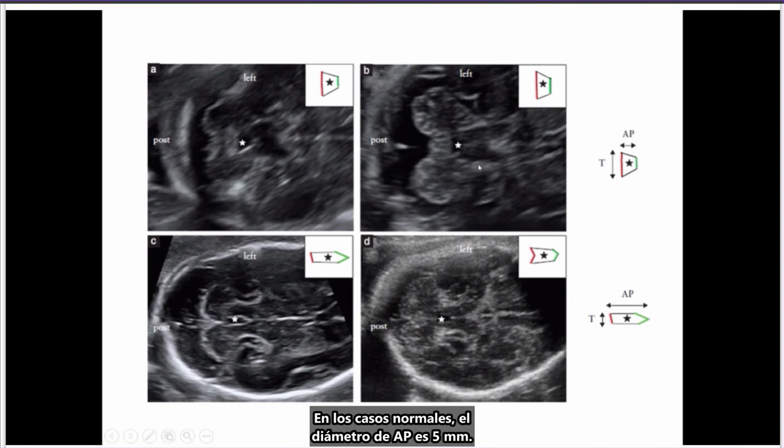In normal cases, the AP diameter is smaller compared to the transverse diameter. But because of the elongation of the peduncles in Joubert syndrome, the transverse diameter is smaller than the AP diameter. So this is in routine. You may not see that it's Joubert syndrome, but you have to notice that the shape of the fourth ventricle has changed.